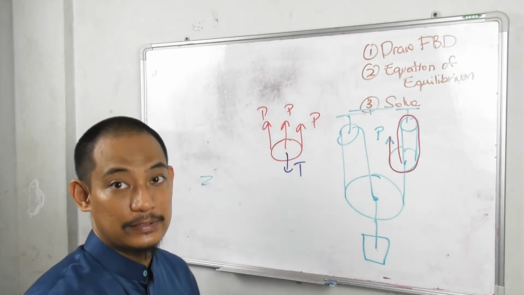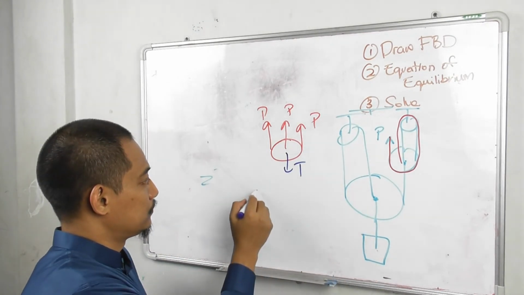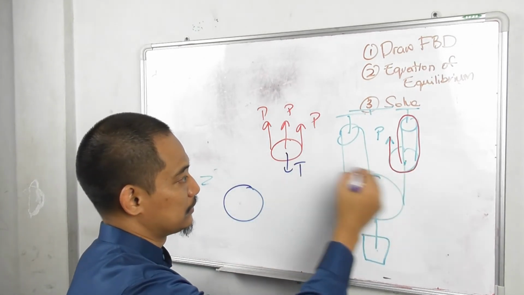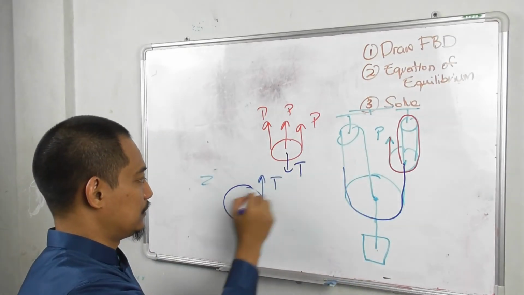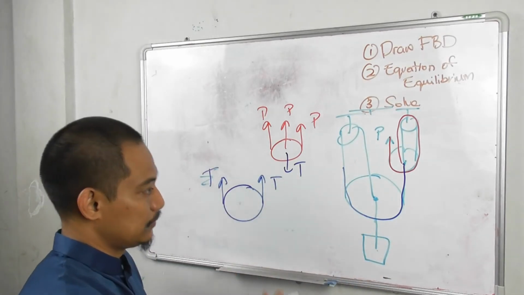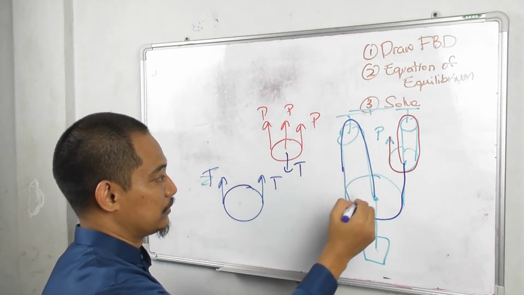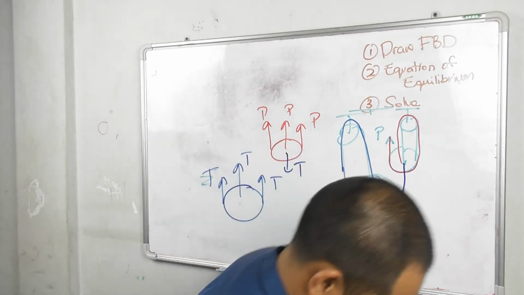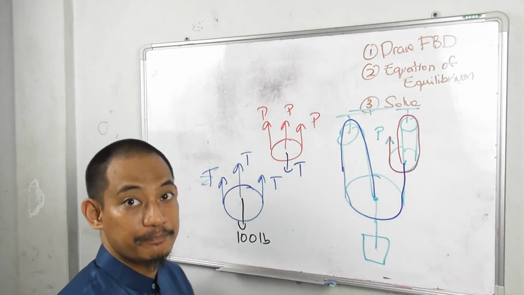Let's use T. And then you have this pulley here, which means this is T here, going here, and this is T as well, and then going here and going here, so this is T as well, and then this is 100 pound.